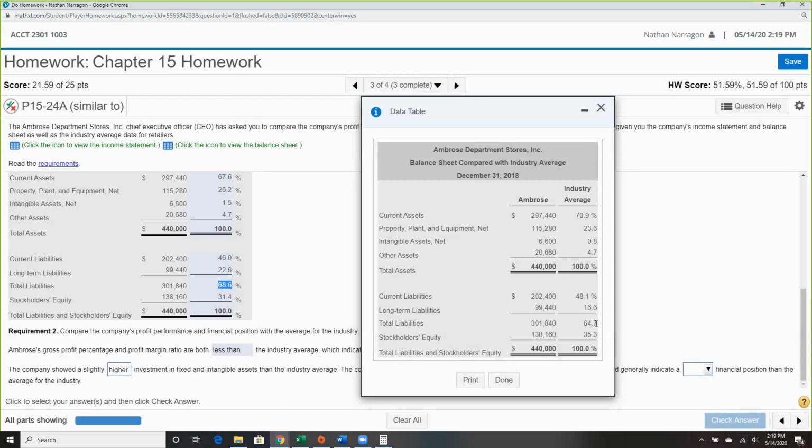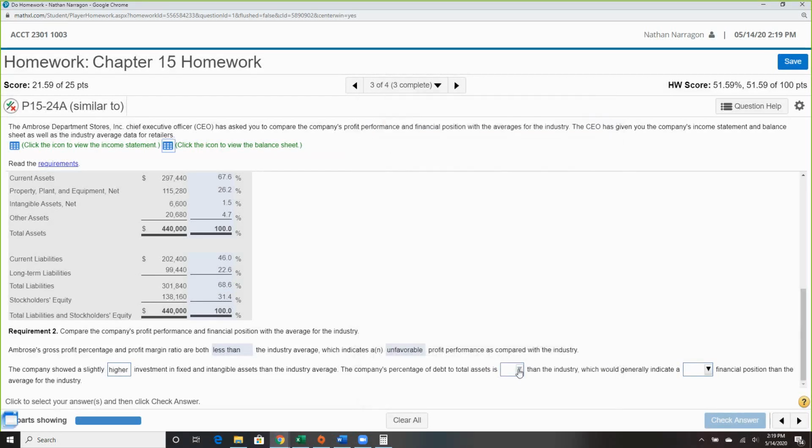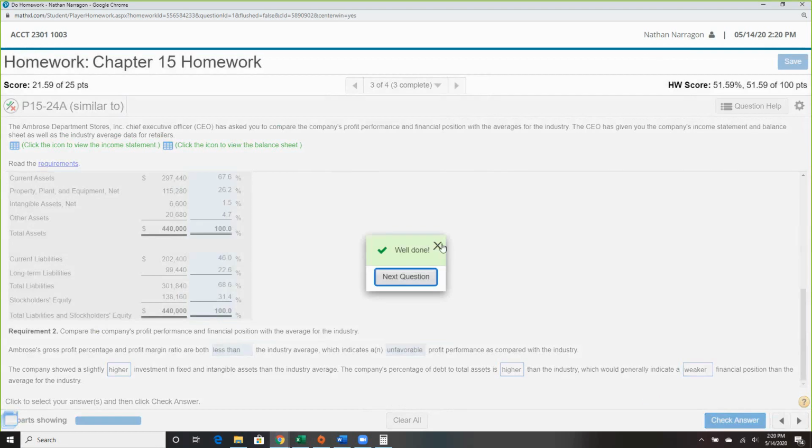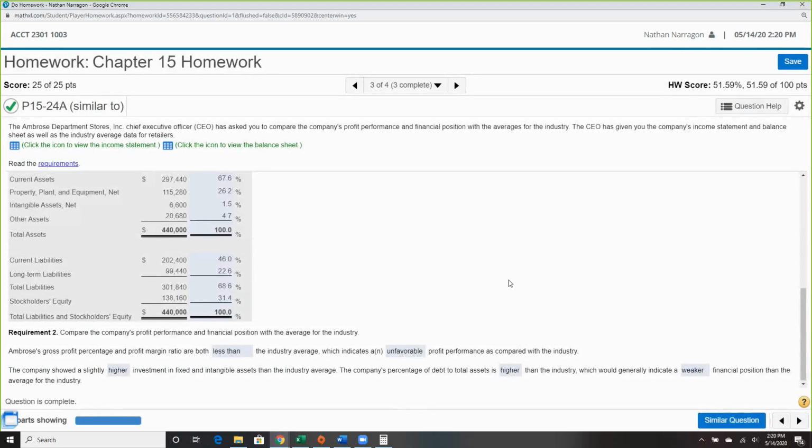68.6. This is 64.7. You're higher, which would generally indicate we have more debt. So I would actually say that's weaker. That is true. We have more debt compared to the industry. We are a weaker company.